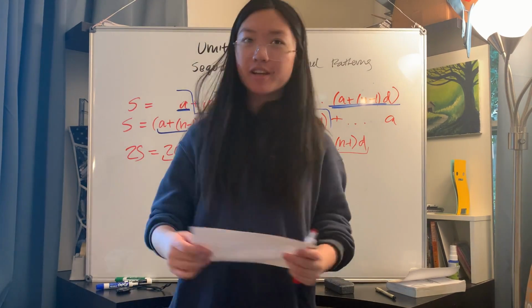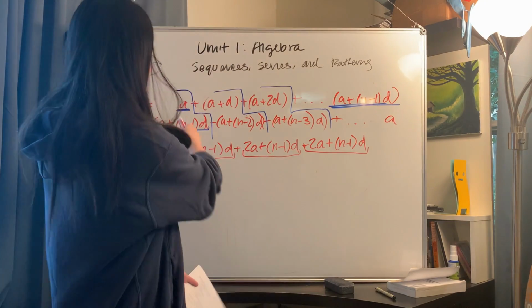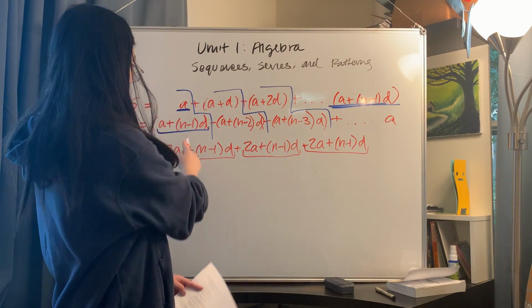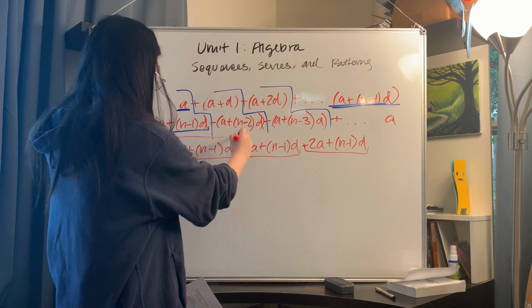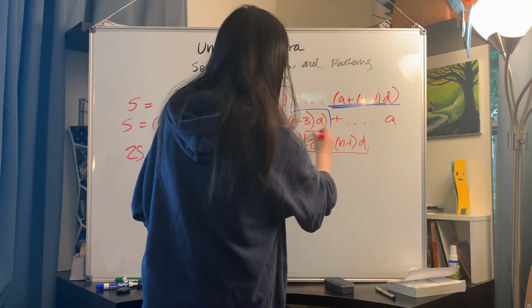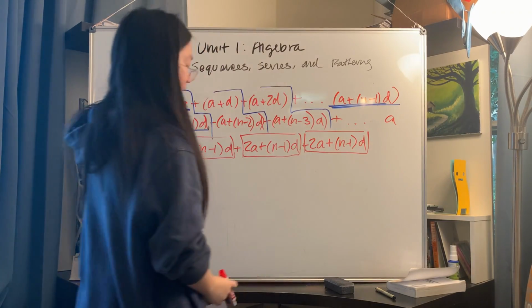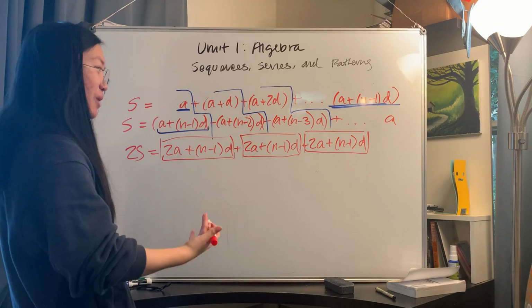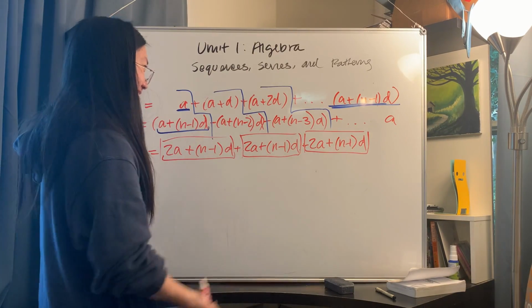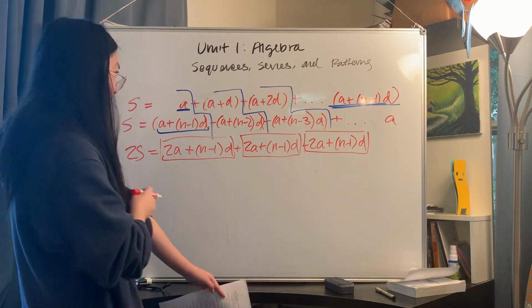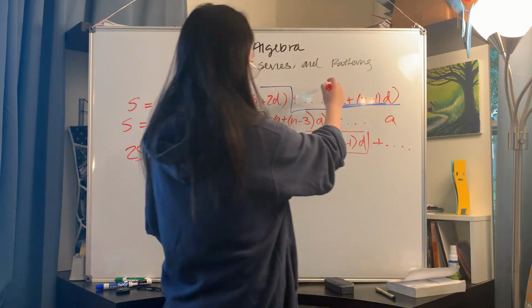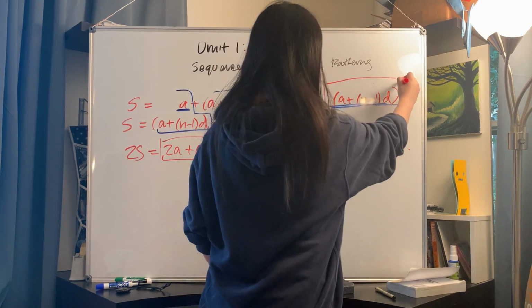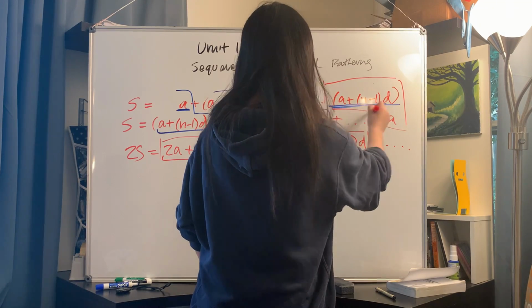Alright, so you should be noticing a trend by now. Every time we add these two numbers together, we get this same pattern. 2a plus (n minus 1)d. And this is going to continue on until we reach the last terms for both of these series.